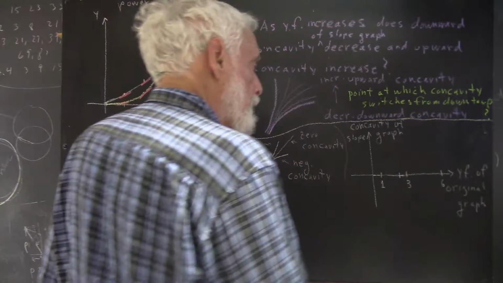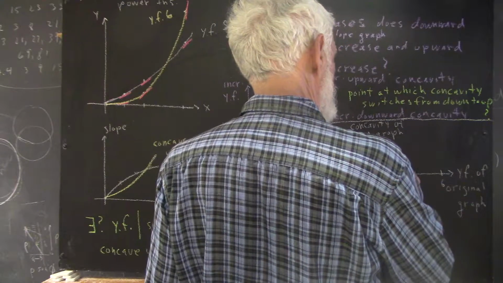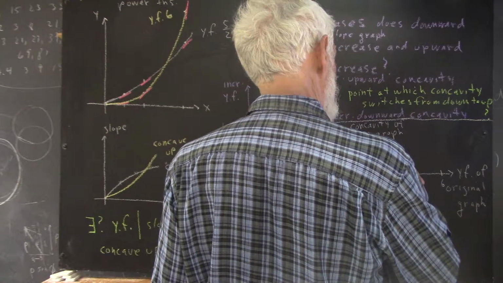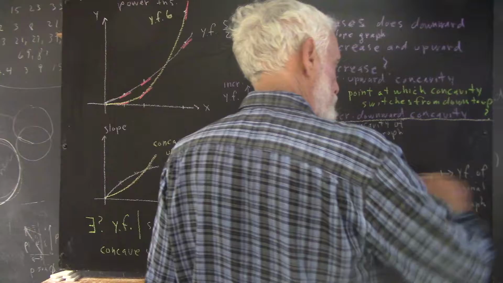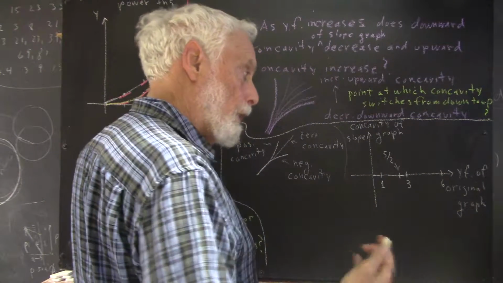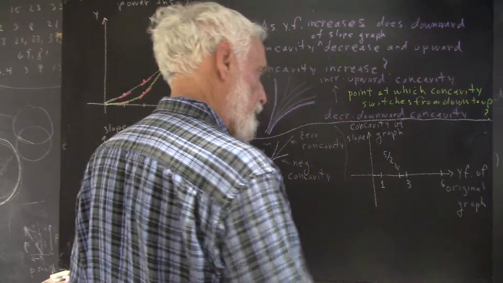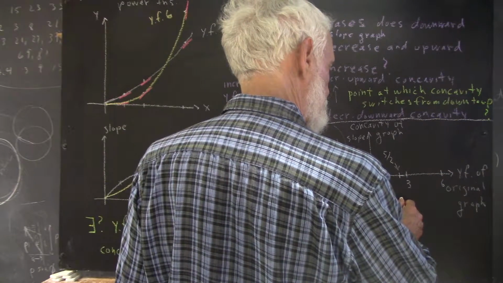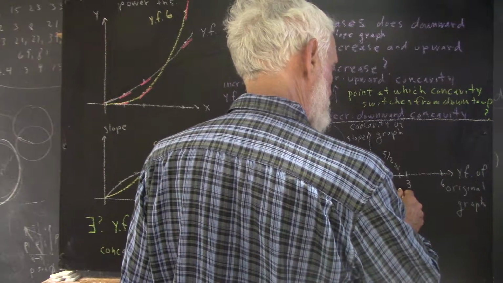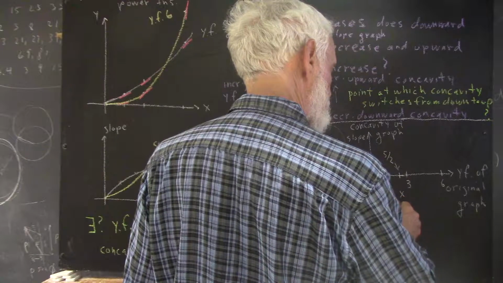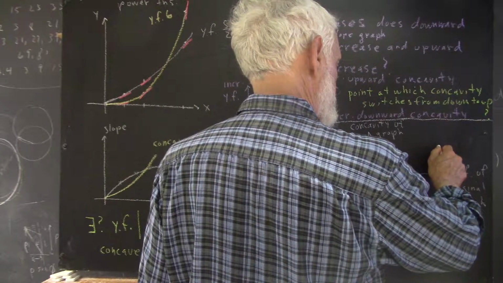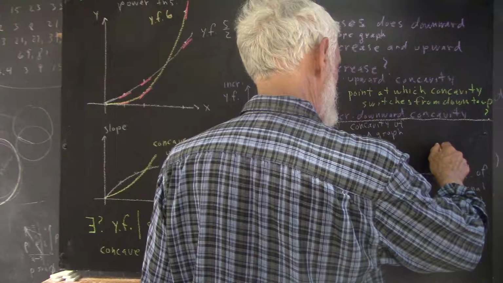So here is 5/2 on the horizontal scale, which is the y factor of the original graph, and here's 6, we've got that on there. So at 5/2 the concavity is definitely negative, and at 6 the concavity is definitely positive.